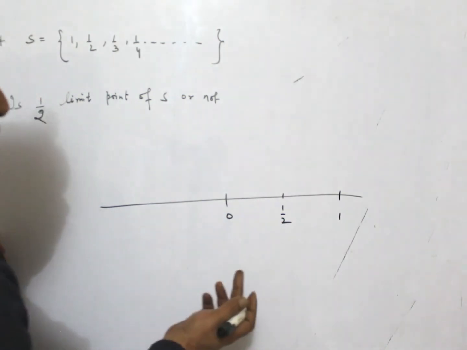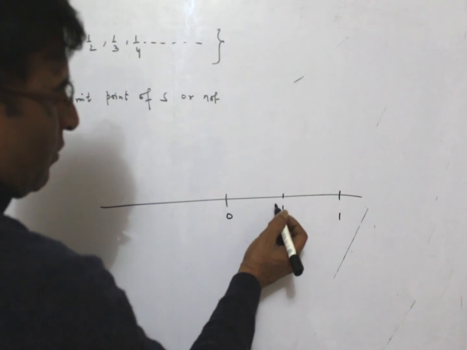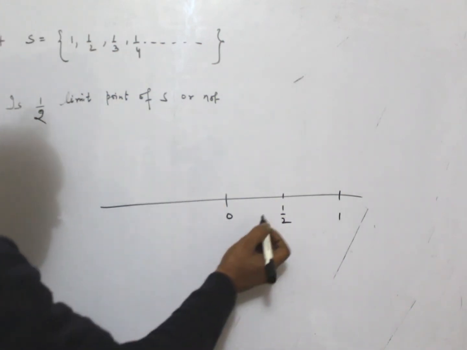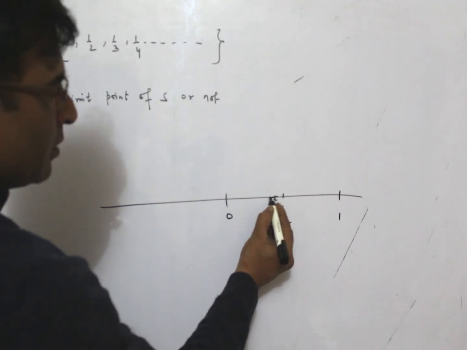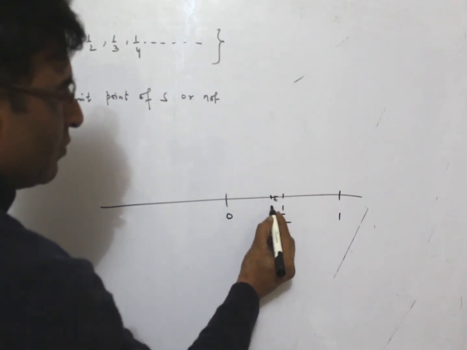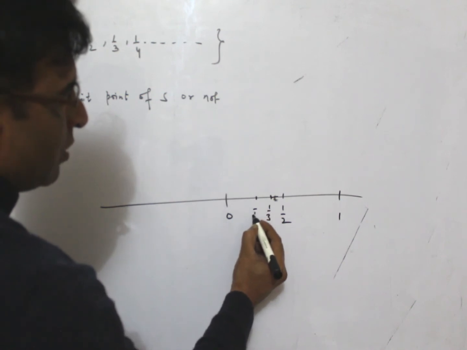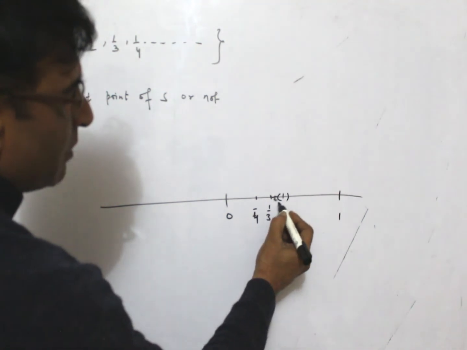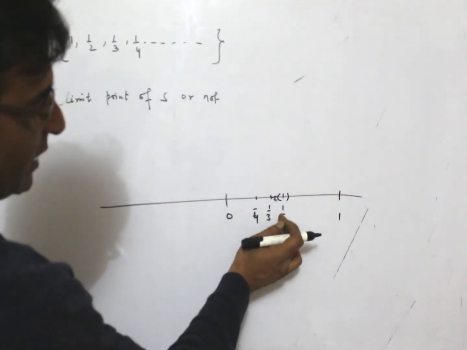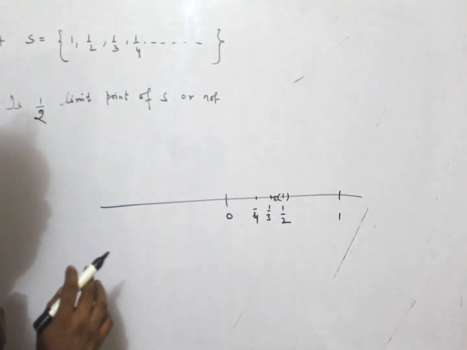Here also I can do the same. I can make a very small interval, because the point 1 by 3 will be somewhere here, 1 by 4 here. So I can draw some interval which will not contain any element of S.